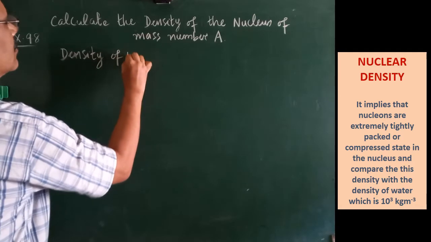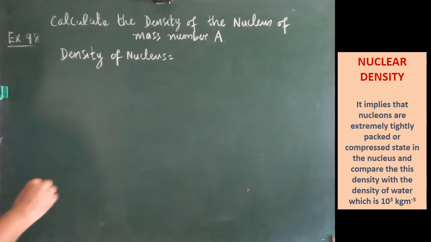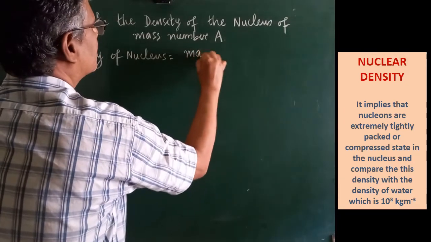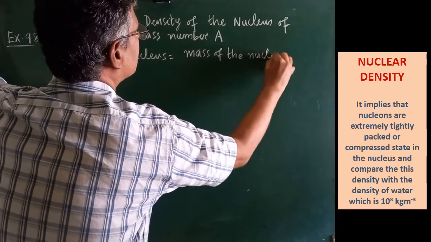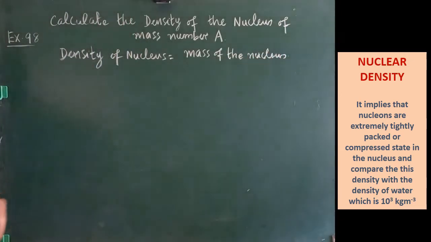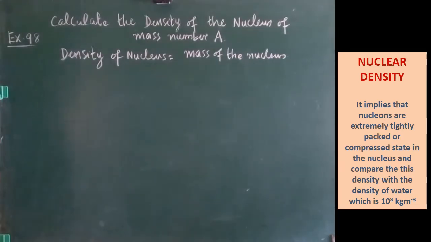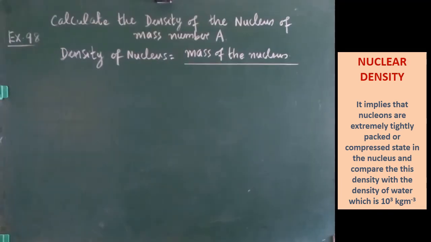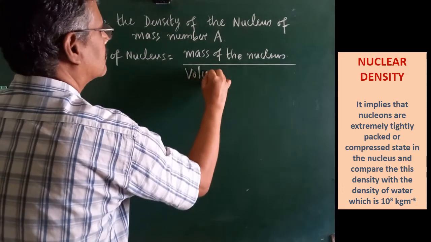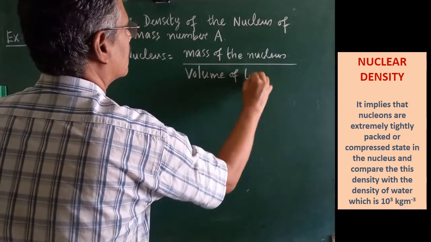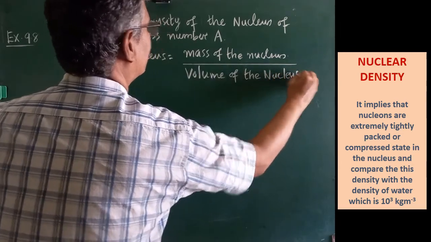Density of nucleus can be written as mass of the nucleus divided by volume of the nucleus. So this is a general formula.